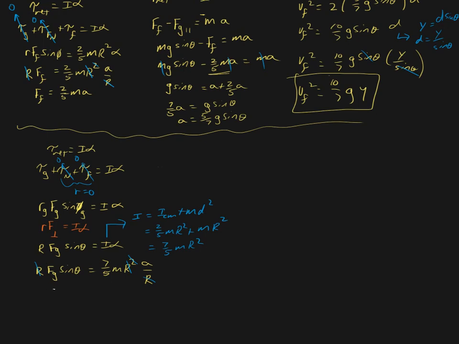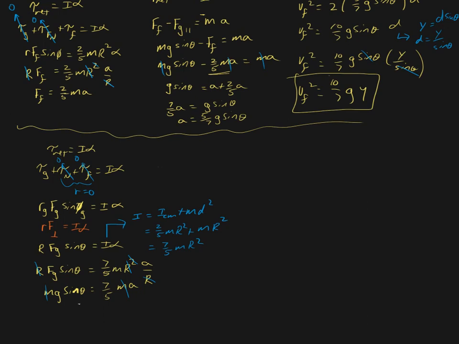F_G can be written as mg. So we have mg sine of theta is equal to 7/5 ma. And so we can cancel that mass with that mass. And you can see this is starting to shape up and look basically exactly like we had before.